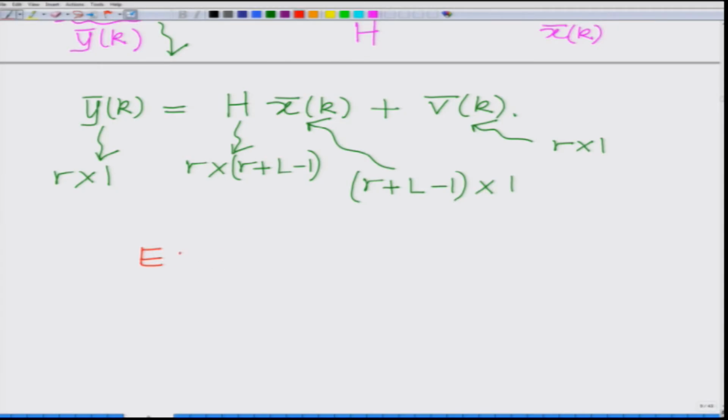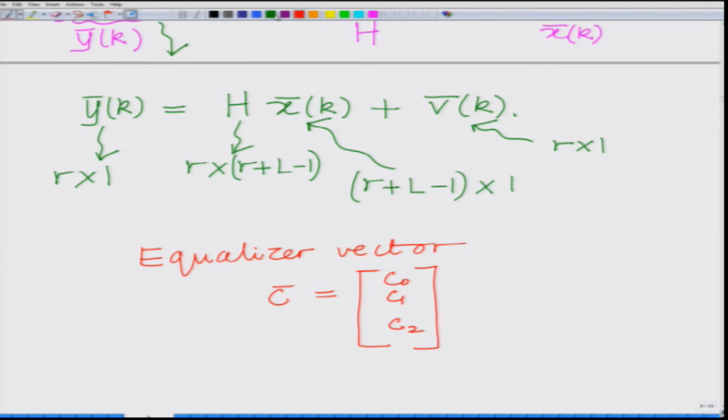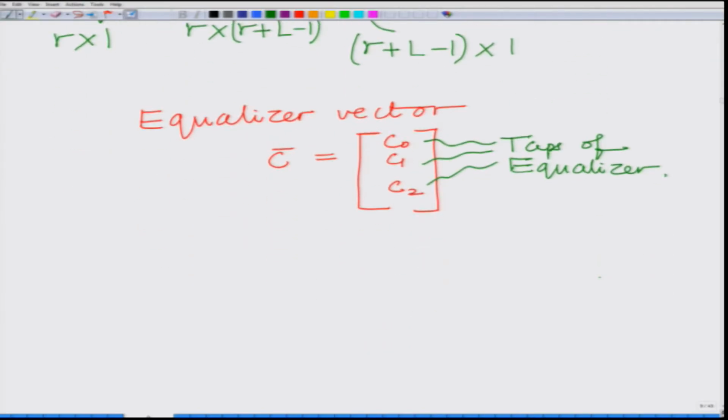So, our equalizer vector C bar equals C0, C1, C2, and we said these quantities C0, C1, C2 are the taps of the equalizer.